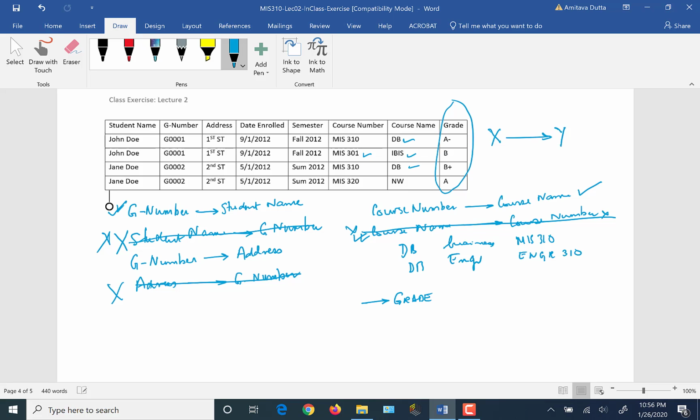Of course, I need to know the student's G number. But knowing just the G number doesn't allow me to identify the grade, because a student may have taken many courses. So at the very least, I also need to know the course number.